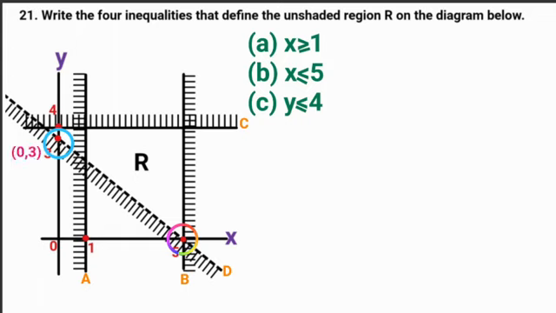The coordinates for the point where it is crossing the y-axis are (0, 3). So it meets the y-axis where the x reading is 0 and the y reading is 3. When you come down here, where this line is crossing the x-axis, where it is also crossing the line B, we have already found the coordinates.